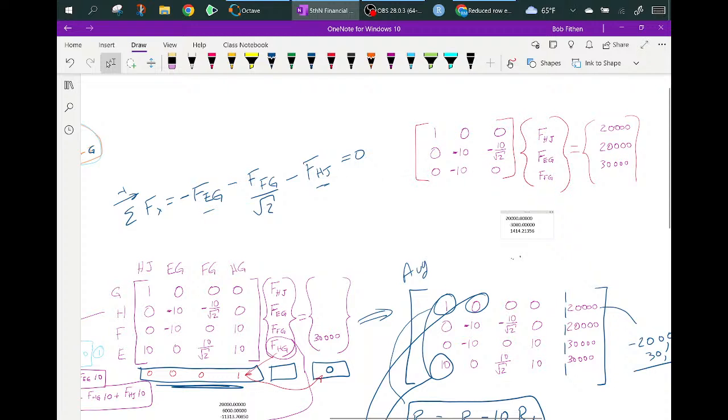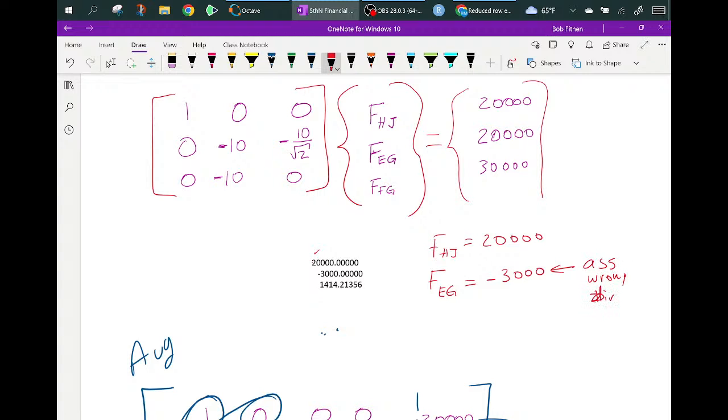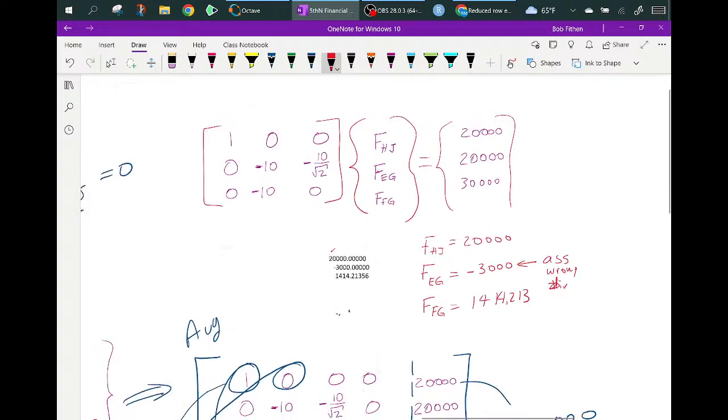So I get FHJ equaling what appears to be 20,000. I get FEG, what appears to be minus 3,000, which only means I assumed the direction wrong. And then I get FFG 14,213.